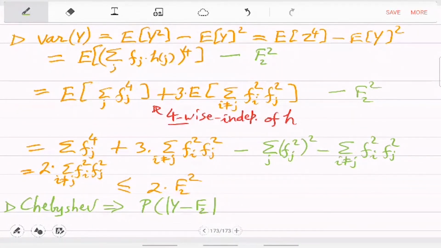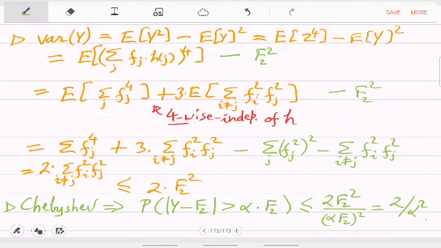How much away? Some alpha times f2 away. So, that is variance of y, which is 2 f2 square, divided by alpha f2 square. Okay, so the probability that y is away from f2 by, let us say, 2 times f2 is no more than half.